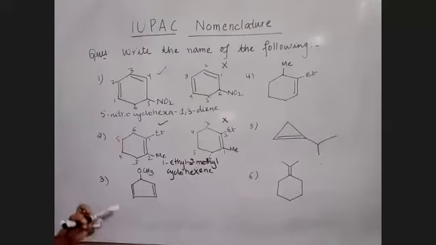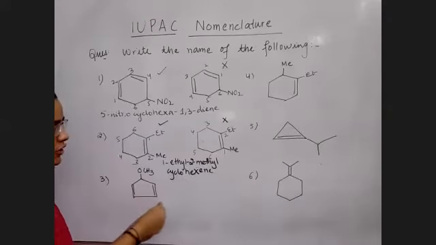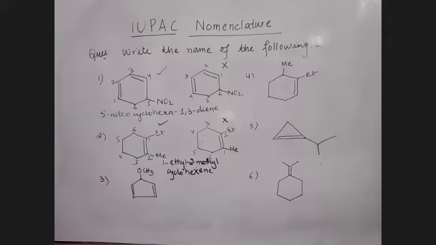Okay. Third one. 1, 2, 3, 4, 5. Numbering can be done in this way, 1, 2, 3, 4, 5, or numbering can be done in this way. Yes, you can start it from any side.